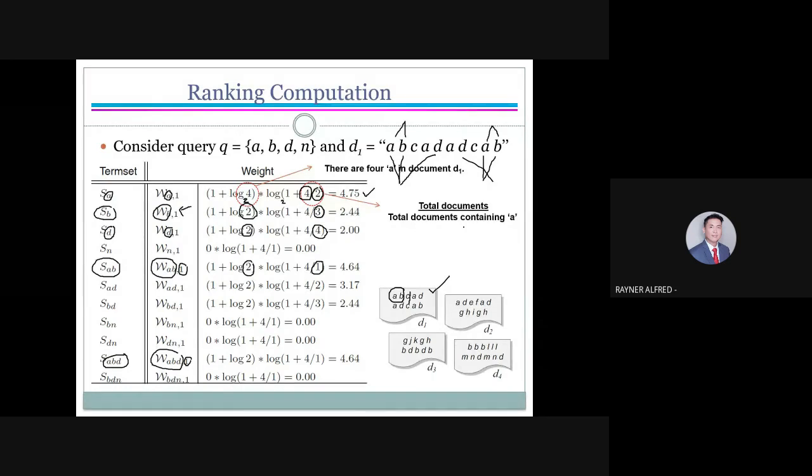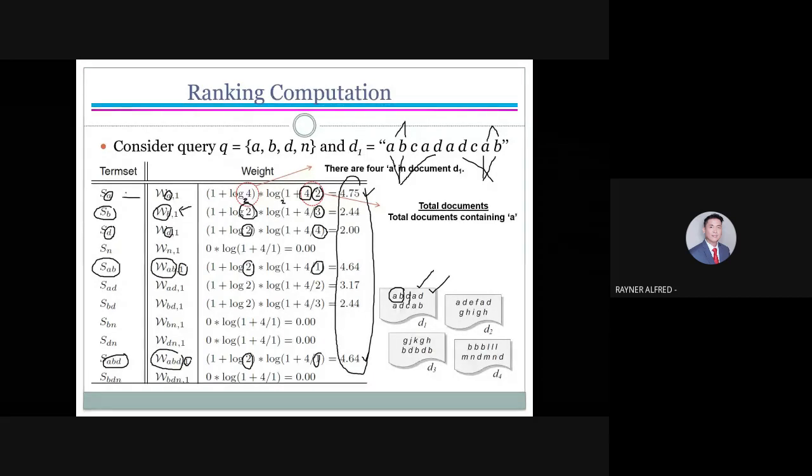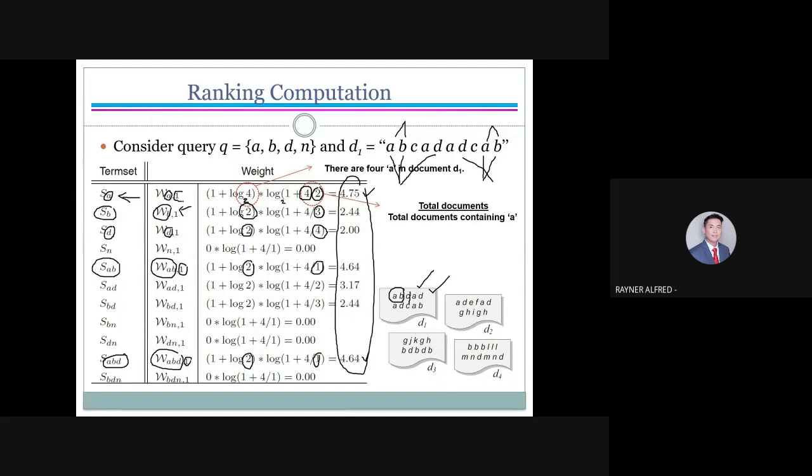So if you have DAB, it can also be considered as ABD. So it occurs 2 times in that document, and ABD only exists in document 1. Then we get this number. So these are the weightages of all the term sets in document 1. Some of them are 0.